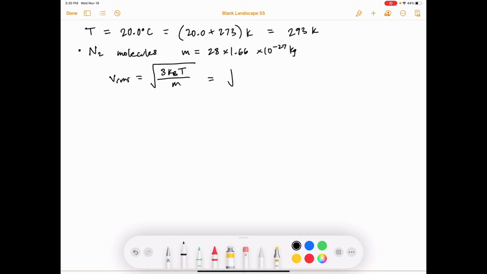So we have the square root of 3 times 1.38 times 10 to the minus 23 joules per Kelvin, which is Boltzmann's constant. The temperature, 293 K. And then divide that by 28 times 1.66 times 10 to the minus 27 kilograms.